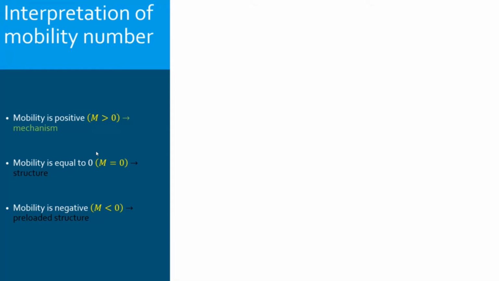So if M is 0, it's a structure. I will consume all the degrees of freedom, and I can assemble them easily. Now, if M is negative, it's not easy at all to assemble the structure. I need some forces. I need to deform some elements to connect the elements together. I will not say links here.